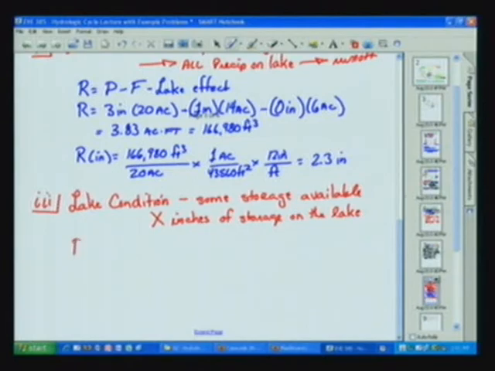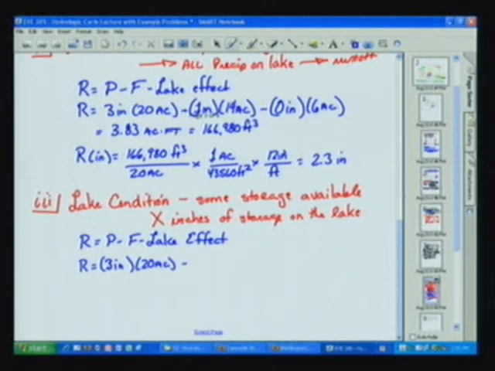That means our runoff is going to be, again, the precipitation minus infiltration minus the lake effect. So it would be the 3 inches on the 20 acres minus 1 inch on the 14 acres minus X inches on the 6 acres.